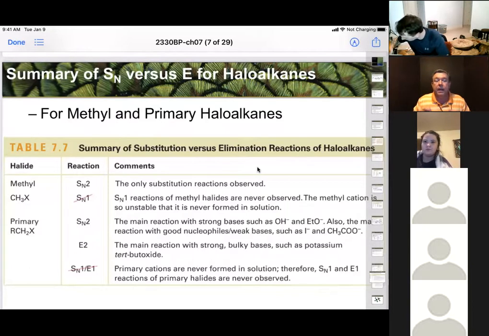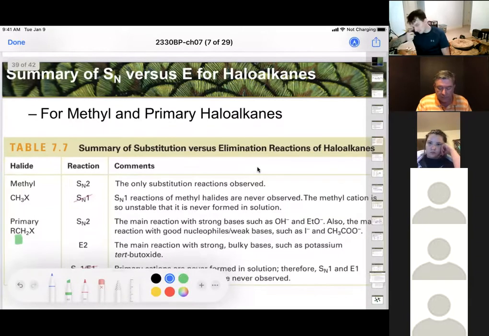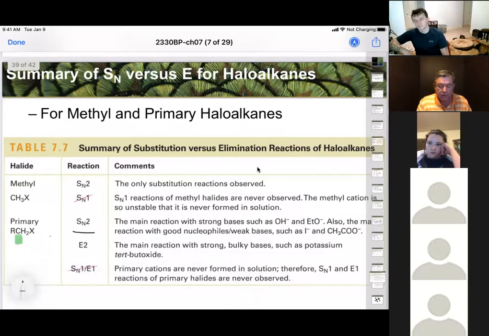Now the primary, which is like the methyl halide but does have the opportunity to have alpha hydrogens, gives us a couple more things to happen. First of all, we're going to have that SN2 reaction, because an SN1 would give us a primary carbocation, and we don't want to form that.